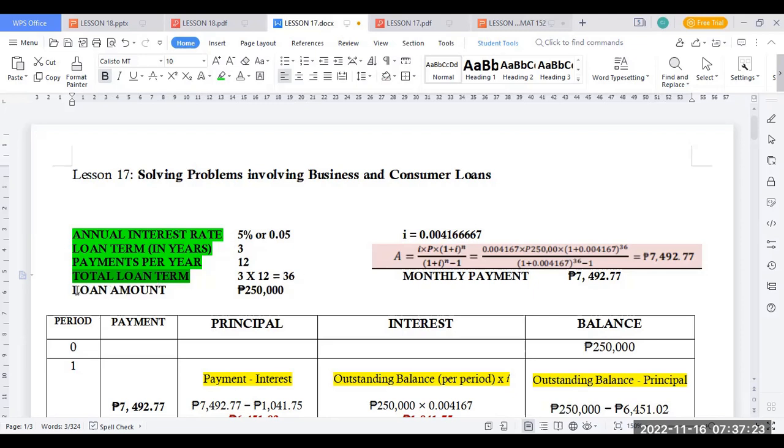And for the loan amount, so the loan amount is 250,000. Our i is equal to 0.004167, or that's 0.04167.